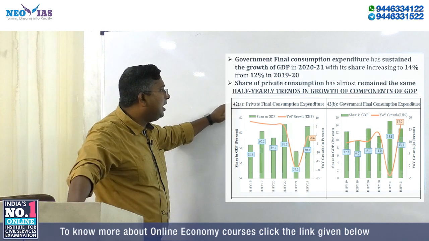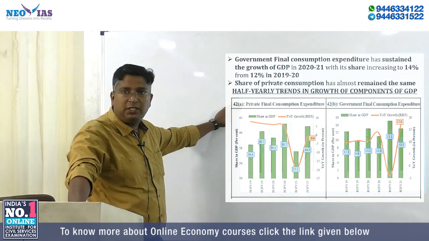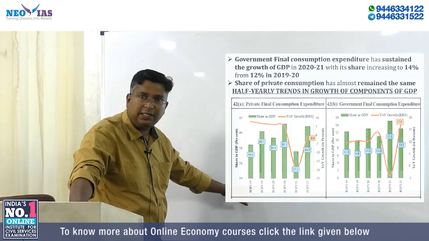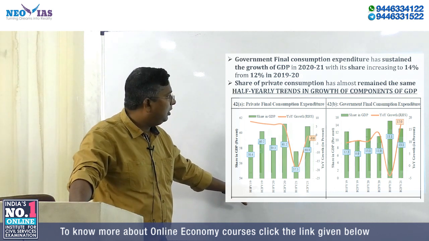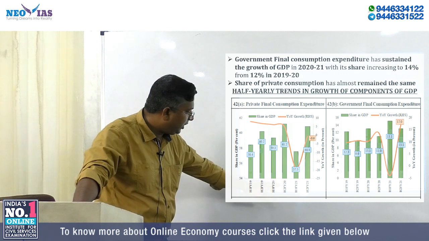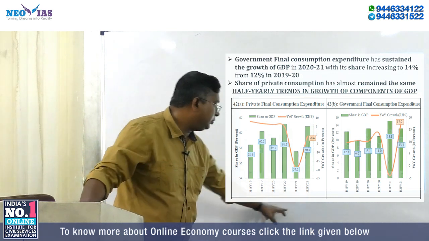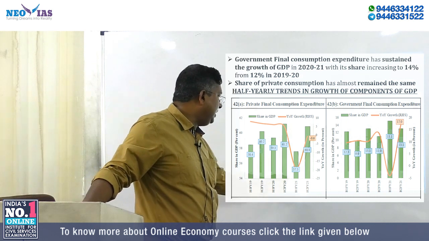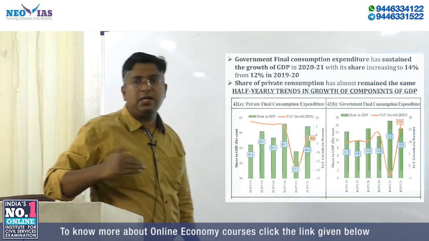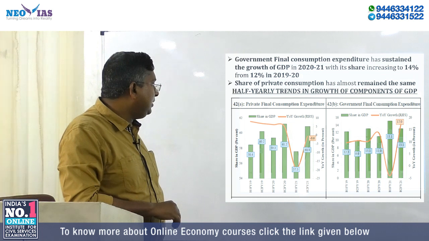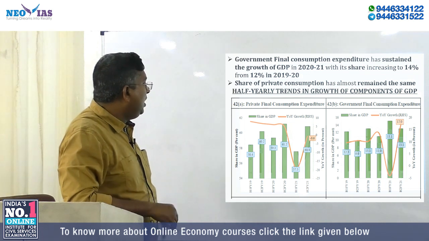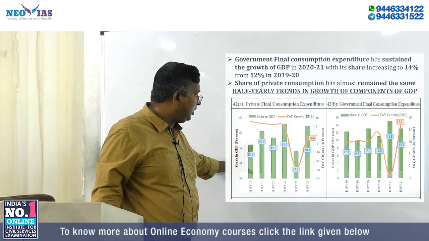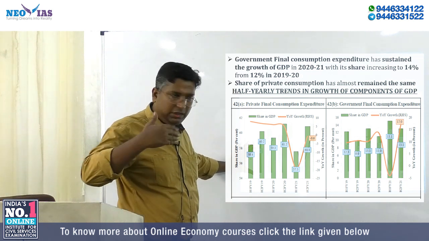So first we will see the private final consumption expenditure. Remember, it is half yearly: H1, H2, H1, H2, H1, H2. So it has taken 2018-19, 2019-20 and 2020-21. So three years of data they are comparing, showing the share in GDP in each half of the financial year, the first half and second half.